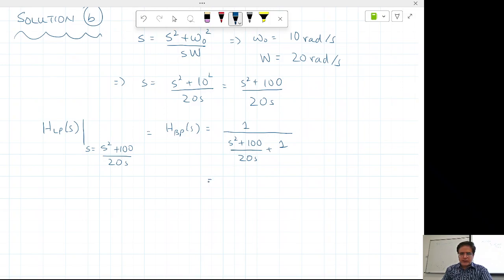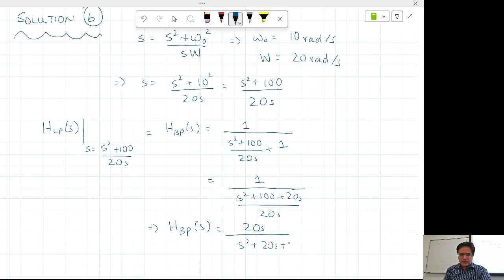And I can take the LCM. This is going to be 1 over S squared plus 100 plus 20S over 20S. This 20S will go up, and then you have the transfer function, which is 20S over S squared plus 20S plus 100.